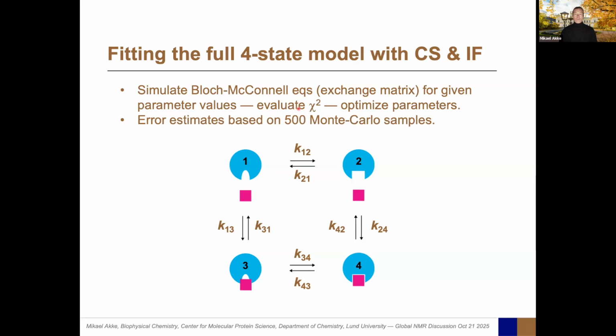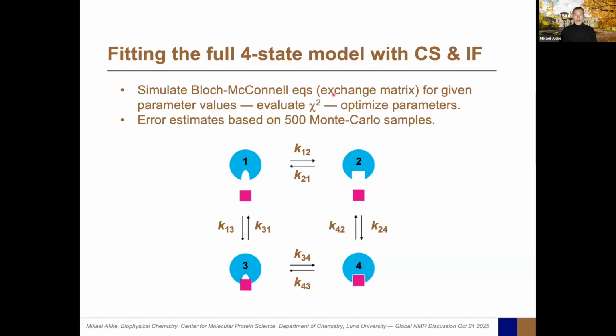We evaluate the residuals, the chi-squareds, and then this Bloch-McConnell simulation is wrapped inside an optimization routine. So we optimize the parameters, and we keep doing this until we find a minimum. And then we do error estimates based on 500 Monte Carlo samples.